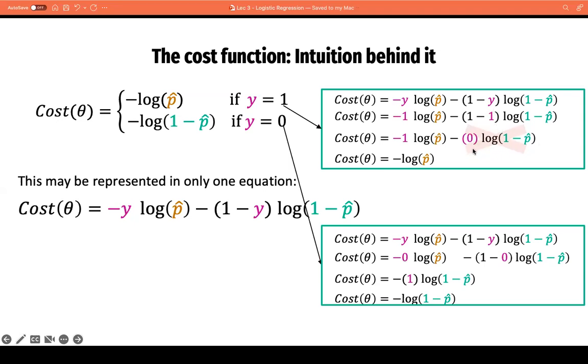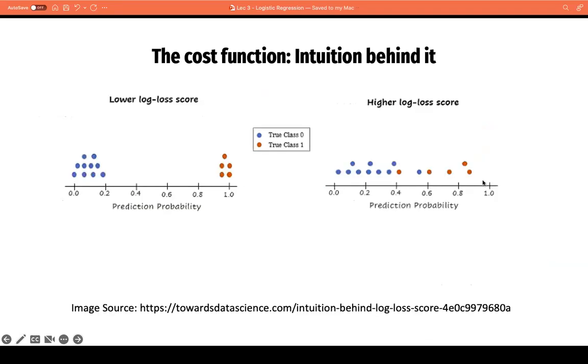So this will be canceled out, and we'll be left with the first term, which is negative log of p. While if y is equal to 0, or the true classification is 0, then the first term will be canceled out, and we will be left with the second term, and it will evaluate to negative log of 1 minus p.